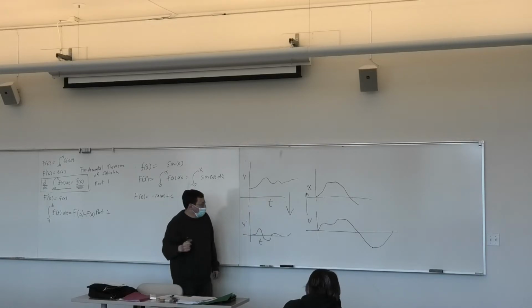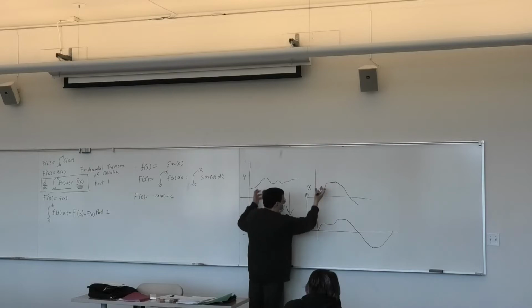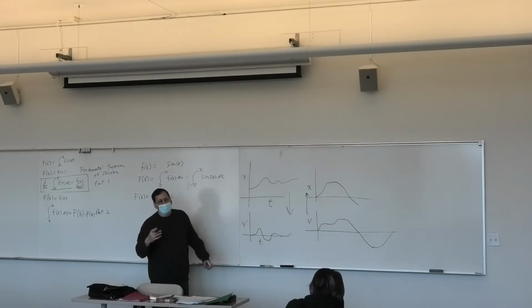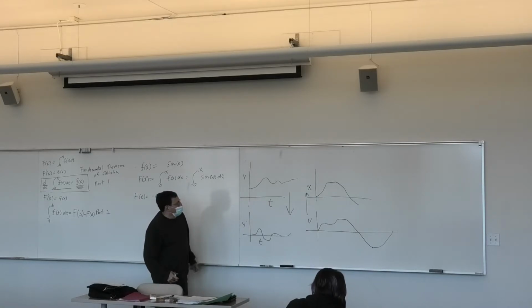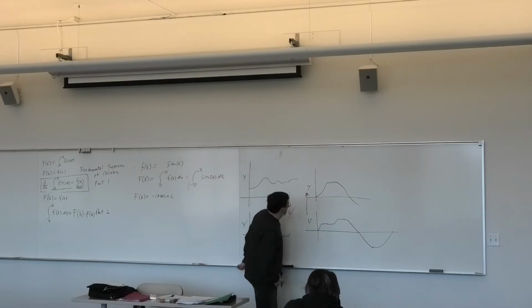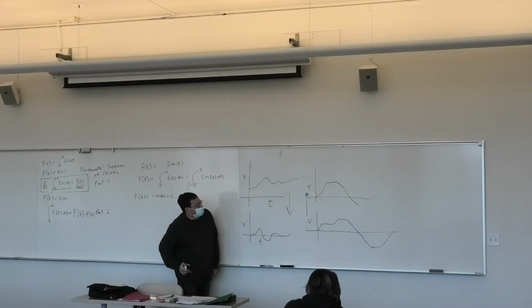The only thing you really lose is you don't really know where you started. If you know where you started, then you do know. But if you just have a velocity graph, you don't know where on the y you are.